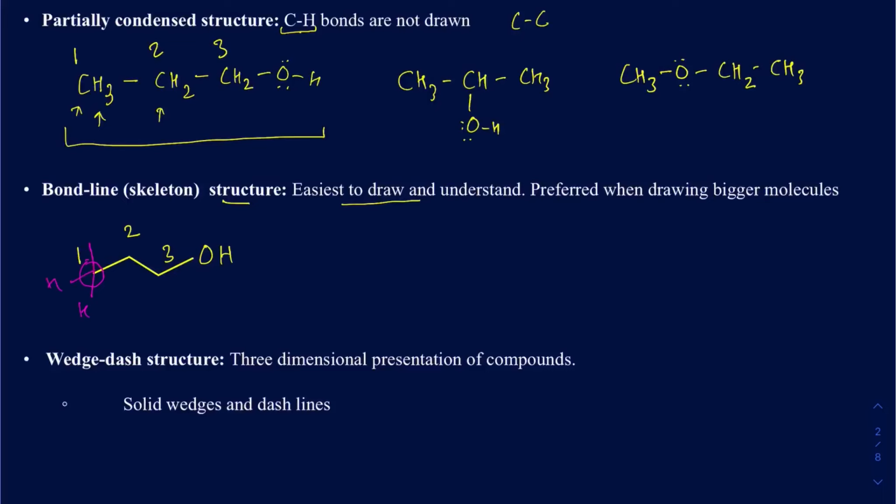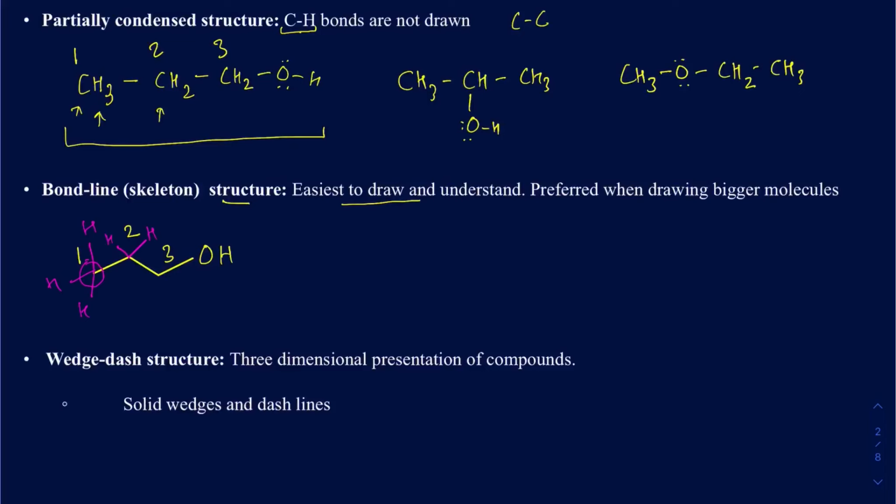So you don't really have to show those, but it automatically means there are 3 hydrogens attached to it. And the same story with the second carbon. In the second carbon, you already have 2 bonds. 1 bond is between the second and the first, and 1 bond is between the second and third. So that means this carbon must have 2 hydrogens attached to it. But you don't really show those.